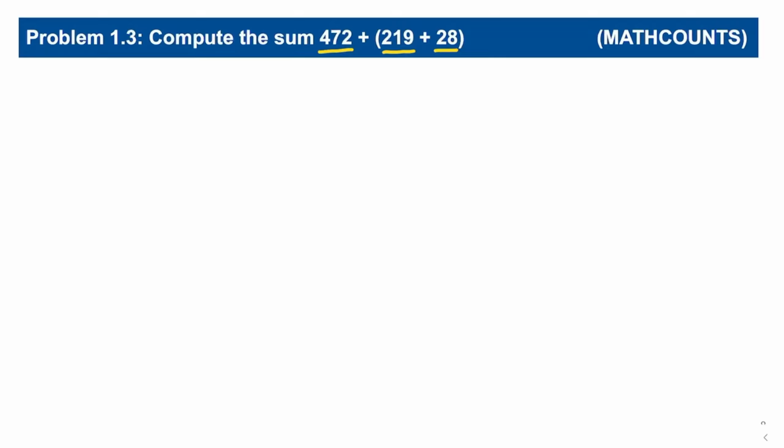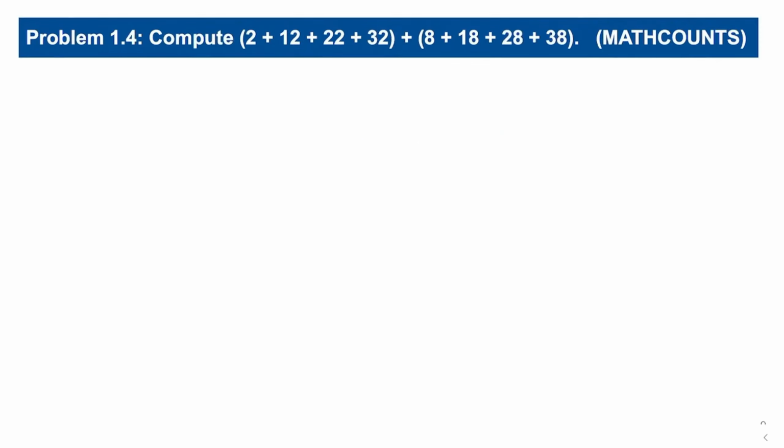Look attentively. 472 plus 28. This is very easy to calculate. It is just 500. So we can add these 2 numbers together. We get 500. Then we add 219. So the result is 719. You see, we can add in any order, but adding in some orders may be a little simpler. We always try to find the simplest way to do the addition.